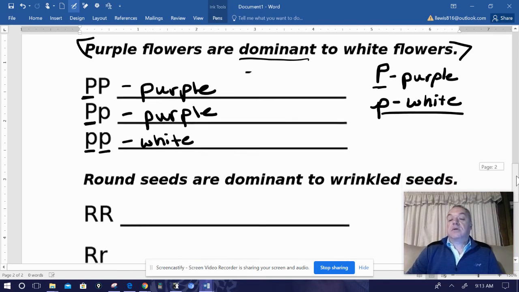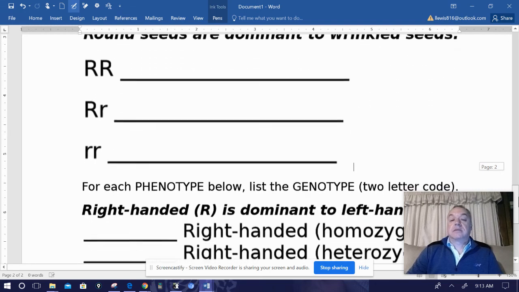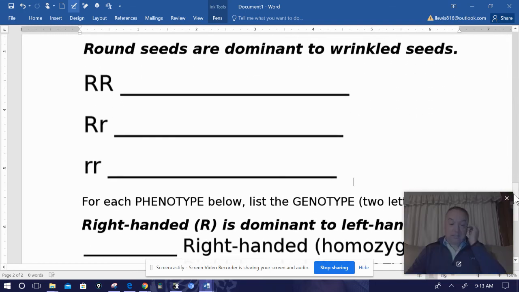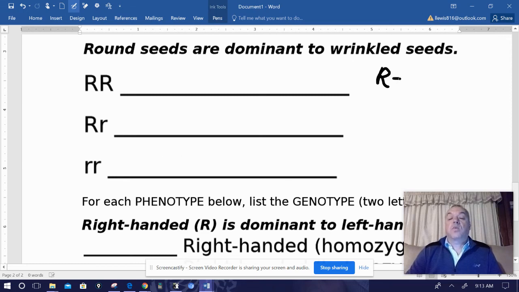I want you to take a look at another trait, which is round seeds are dominant to wrinkled seeds. Capital R, capital R, capital R, lowercase r, lowercase r, lowercase r. So I want you to first think about a capital R. What dominant trait is that?